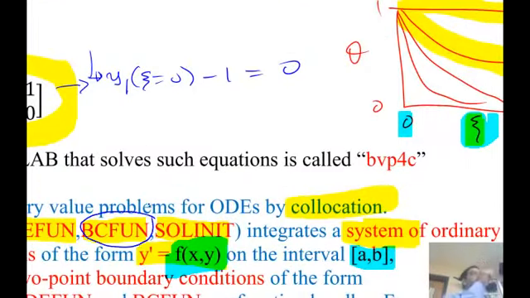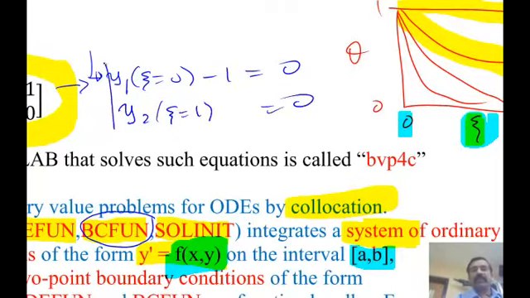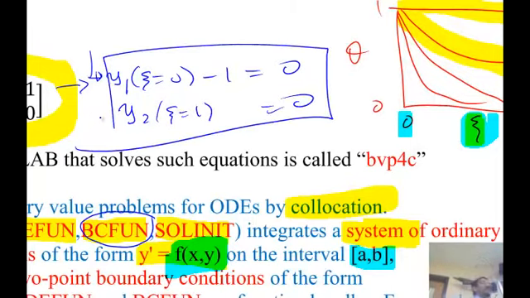As an argument, MATLAB will send these four numbers, y1, y2 on the left boundary, y1, y2 on the right boundary. Then you need to pick the elements that you need and calculate these two functions. So the second function is simply going to be y2 at psi equal to 1 is 0. So you need to rewrite them and send those two functions back to MATLAB.